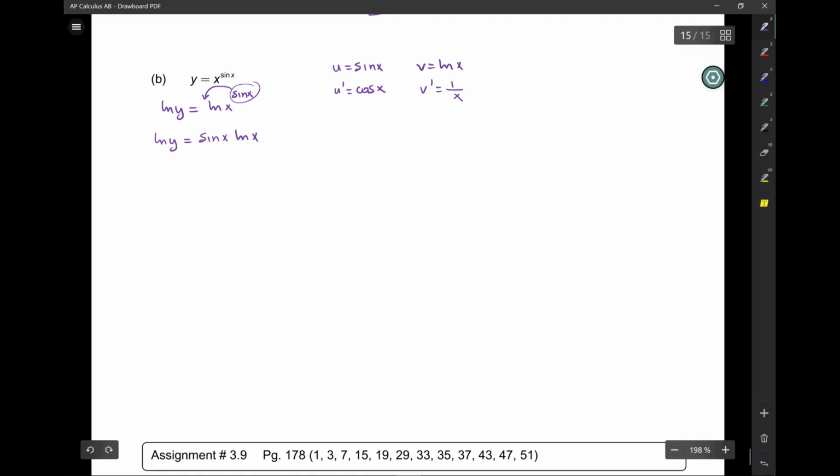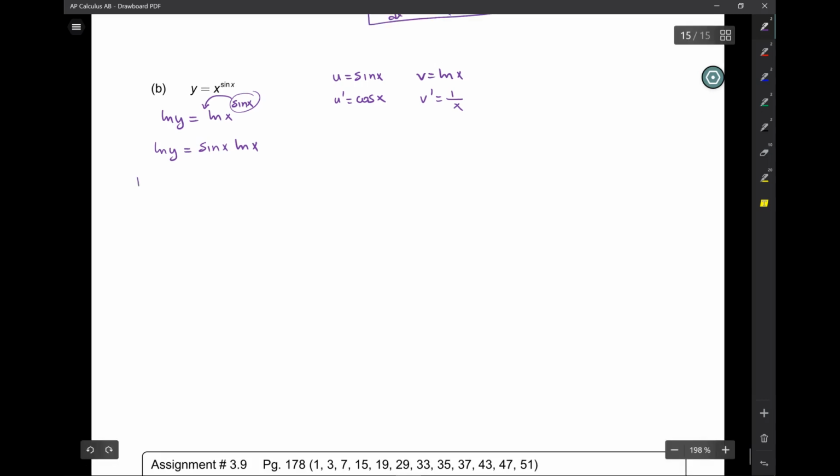So when we do implicit, this is going to be 1 over y dy dx. Here, what are we going to get? Right, 1 over x sine x. I always do my algebraic function first, plus cosine x ln of x.